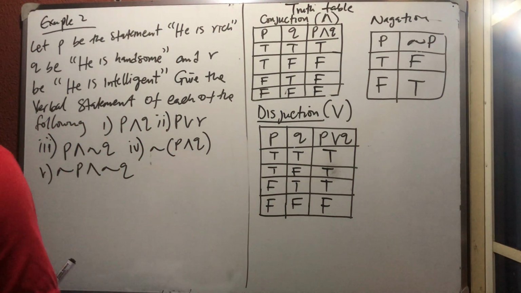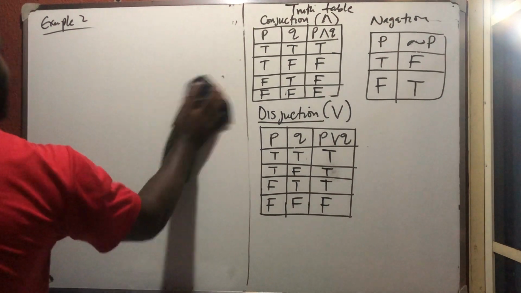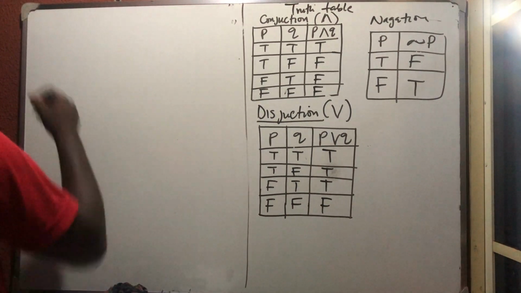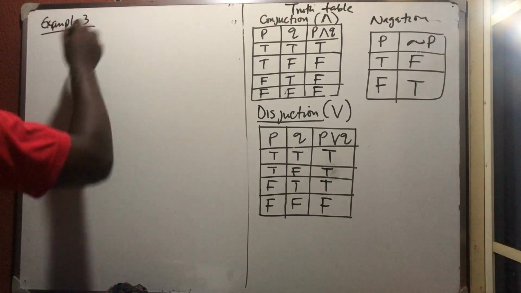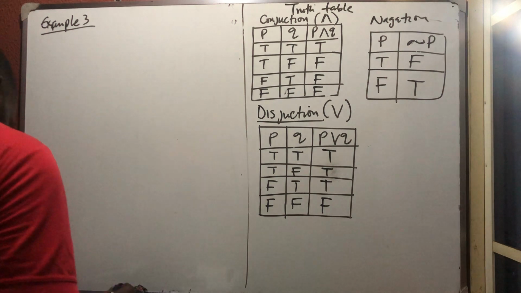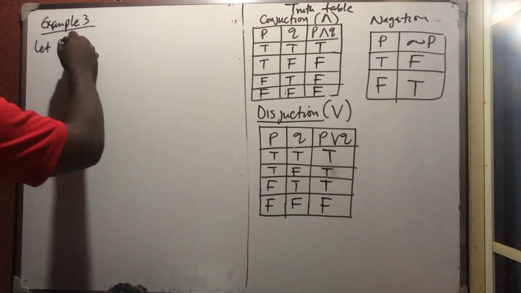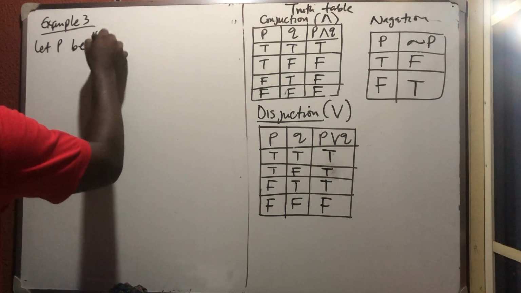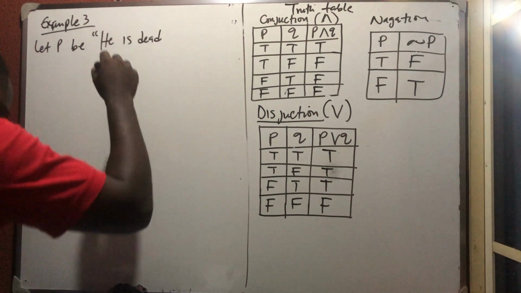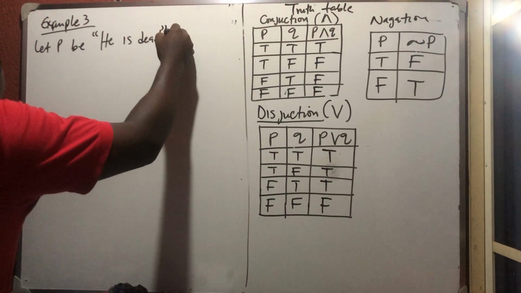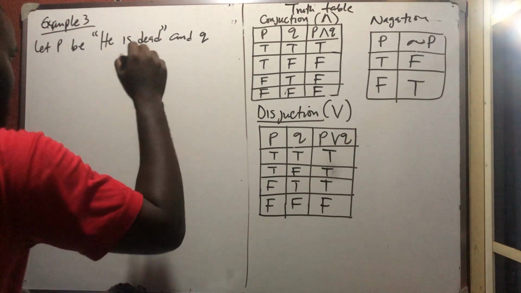So let us do another example. Example number 3. Let P be the statement, he is dead, God forbid. And Q be the statement, he is forgotten.